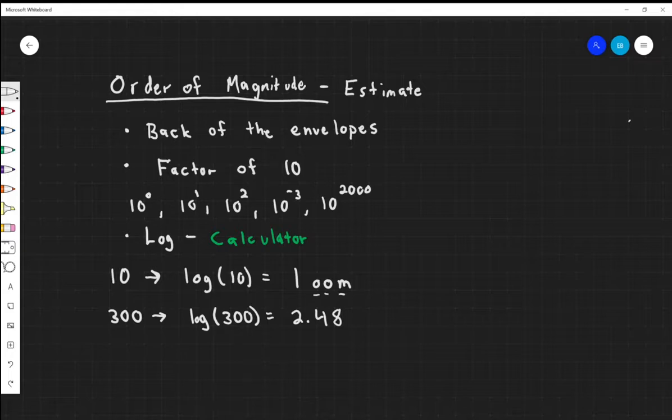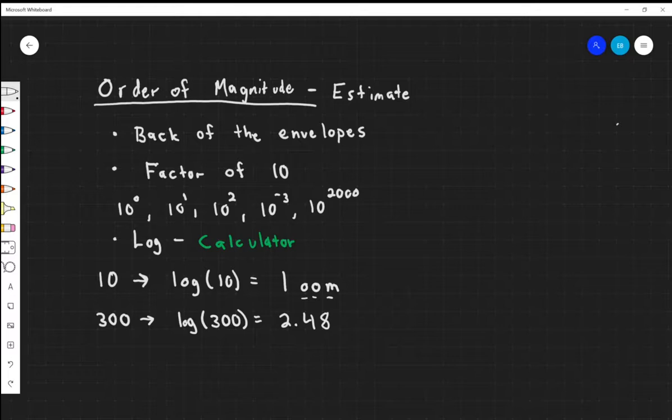You can round right away from the calculator. When I'm writing down the numbers, I'm going to make sure that I go to the hundredths place. So you can round right off the calculator, or if you're going to write the numbers down, make sure that you're rounding to at least the hundredths place. Because then when I round this, I'm going to get the number 2. And that's going to be 2 orders of magnitude.